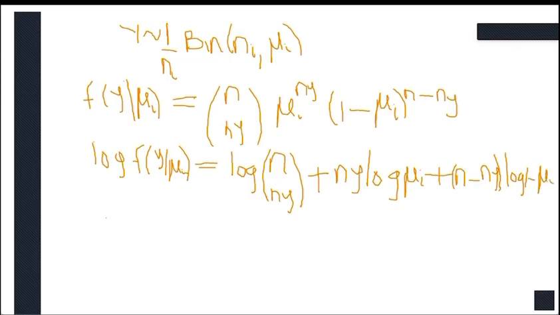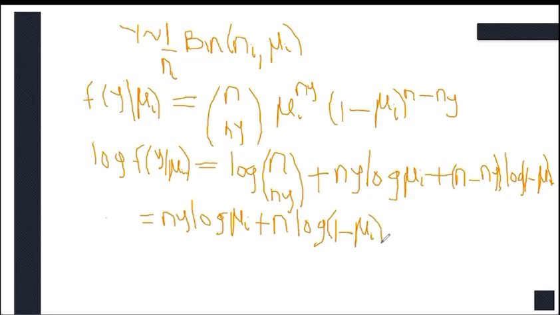Now I can simplify. If I start from here, I have ny log mu_i, then what I have here is a log into 1 minus mu_i, so that's plus n log of 1 minus mu_i, then ny times log of 1 minus mu_i.